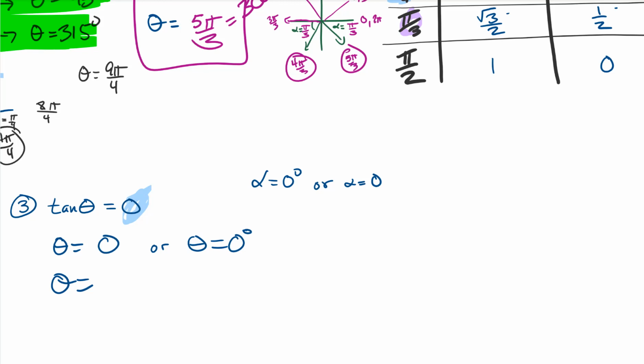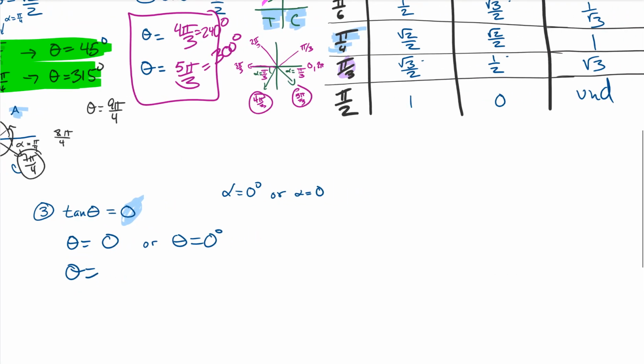Where else is tangent of theta equal to 0? That requires a little bit of thought. But if we know something about tangent, here's a little trick. Tangent repeats on itself every 180 degrees, or every pi. Let me show you.